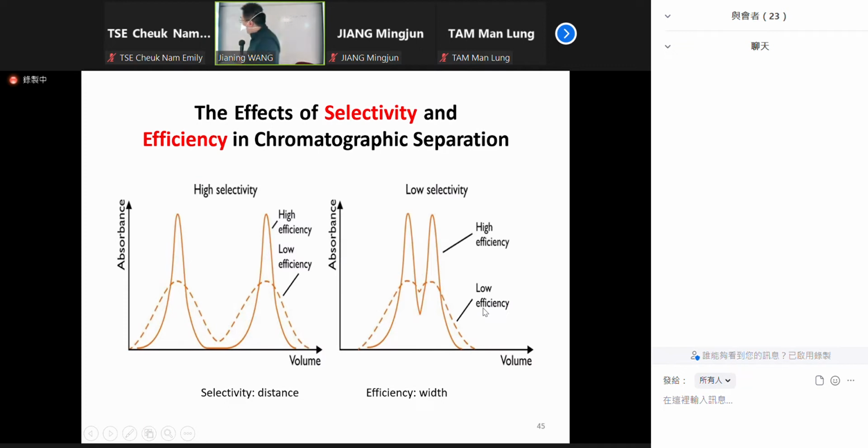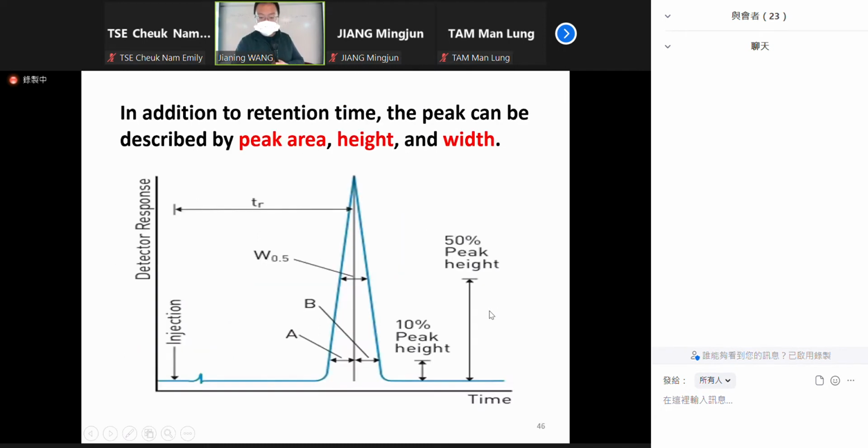You should know why we call it efficiency later in this class. This is another term you should know.